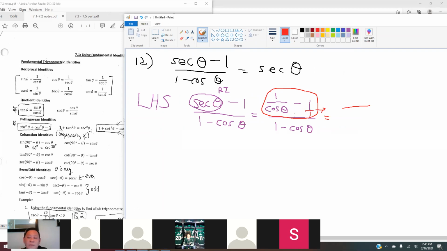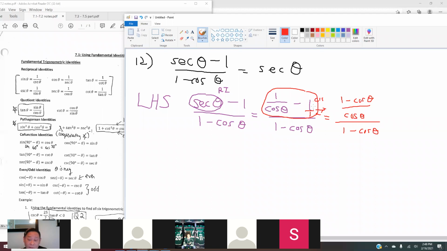This is 1 over 1. So what's LCD in this case? Cosine. So you have to multiply this one by cosine, right? So what we have on top here is what? 1 minus cosine theta over cosine theta. And this is all over 1 minus cosine theta. The denominator is fixed, you cannot mix it.